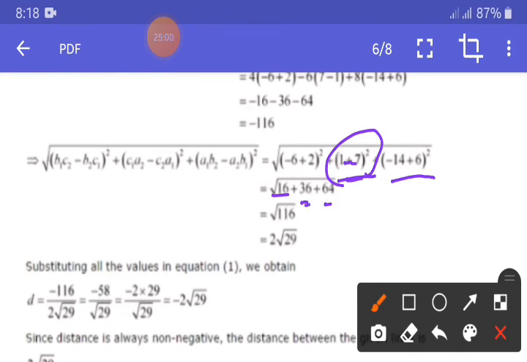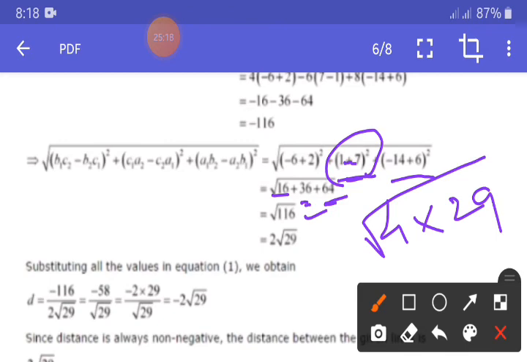Minus 6 squared is 36. Minus 14 plus 6 is minus 8, squared 64. Now simplify, we get 116. We write 116 as 4 into 29, the square root of 4 is 2, and the square root of 29 remains. So 2 square root of 29.